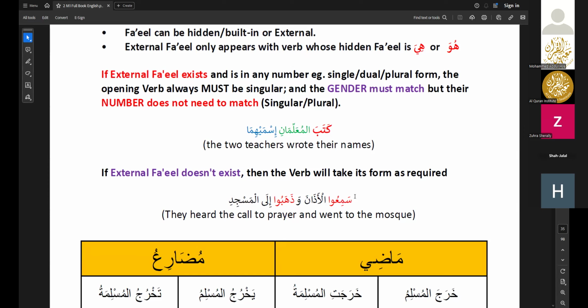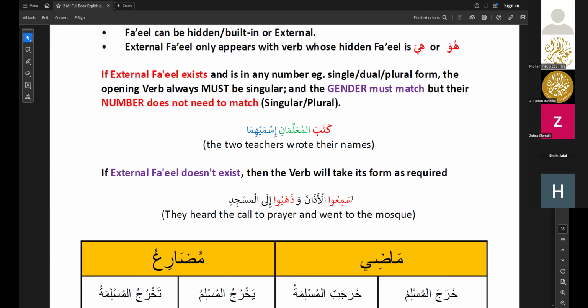So how is it? I repeat again. Instead of sami'u, if it was huwa form, then we could expect an external fa'il. But in this case, sami'u is not huwa form. It is hum form. That I've understood. So what is the question?